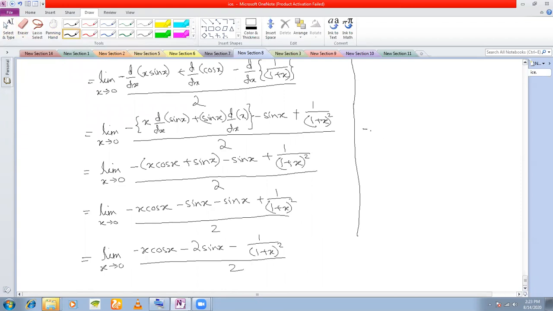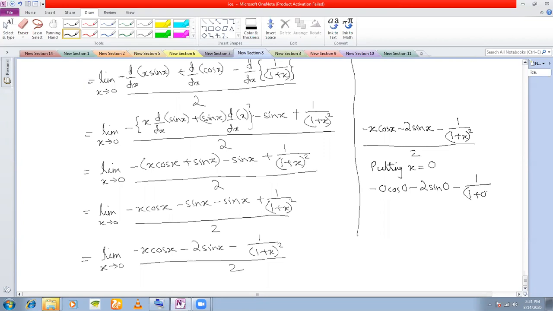So you have minus x cos x minus 2 sin x minus 1 by 1 plus x whole square, whole divided by 2. Putting x is equal to 0. You get minus 0 cos 0 minus 2 sin 0 minus 1 by 1 plus 0 square, whole divided by 2.